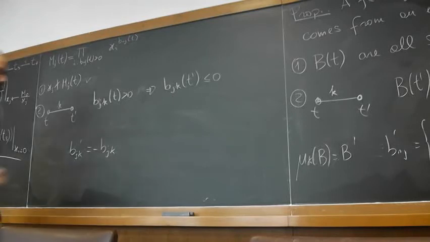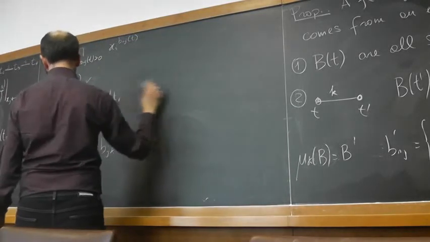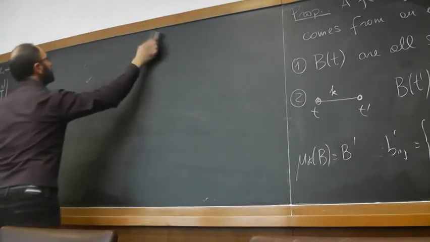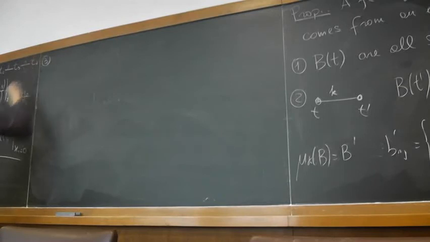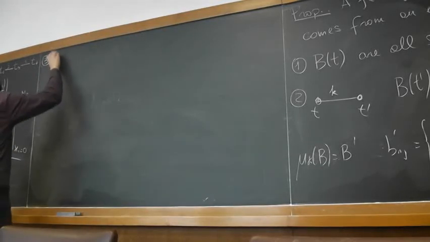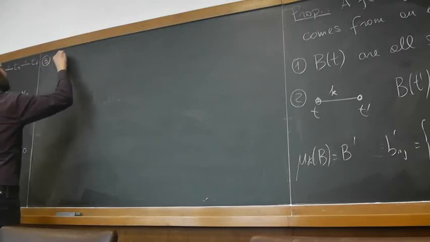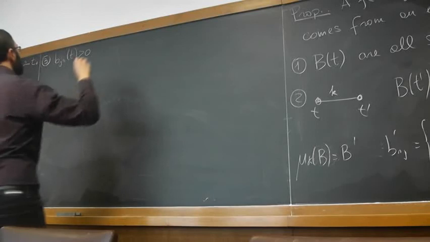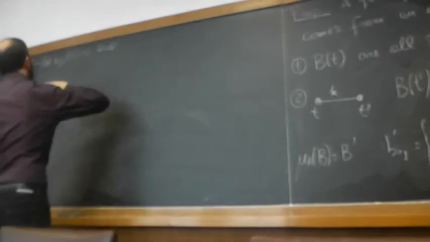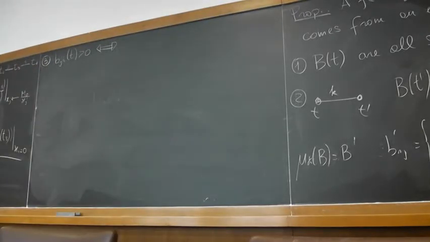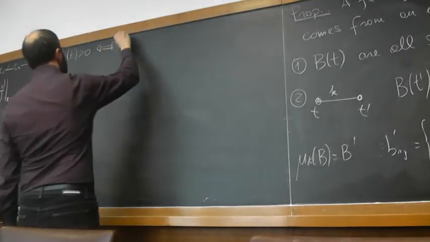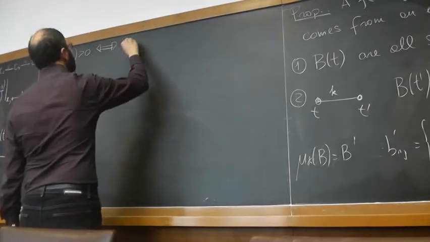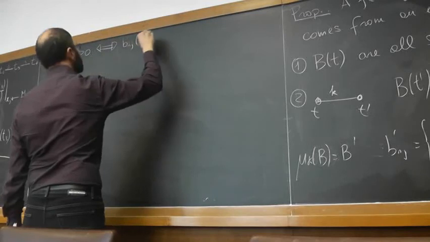Let's go to axiom 3. You get x_j divides M_it. This means that b_jit is positive if and only if b_ijt prime is positive.